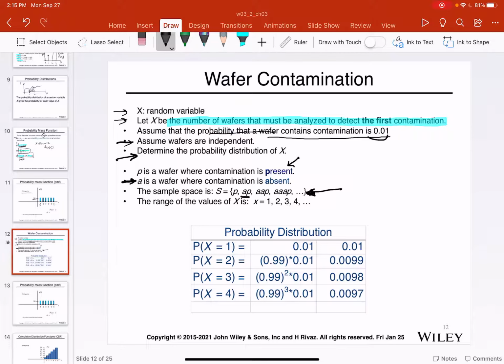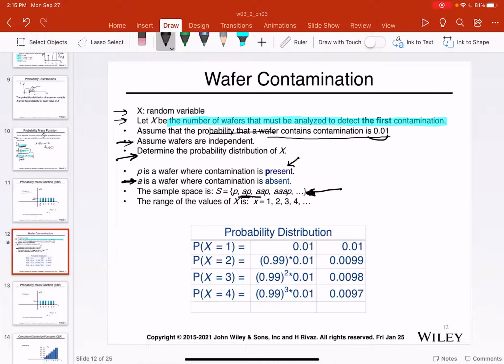Or AP, which means you check the first one, it's absent of any contamination, but the second one does have contamination, so you abort the experiment, that's success.